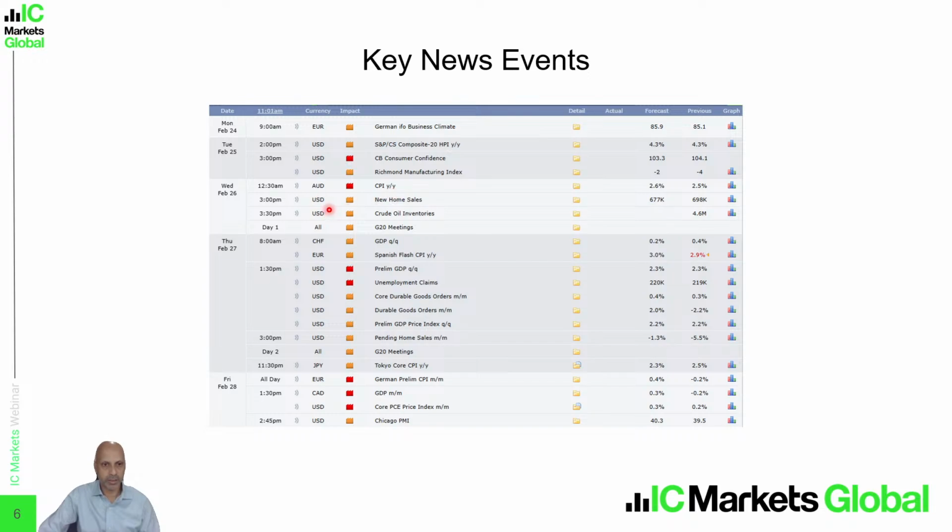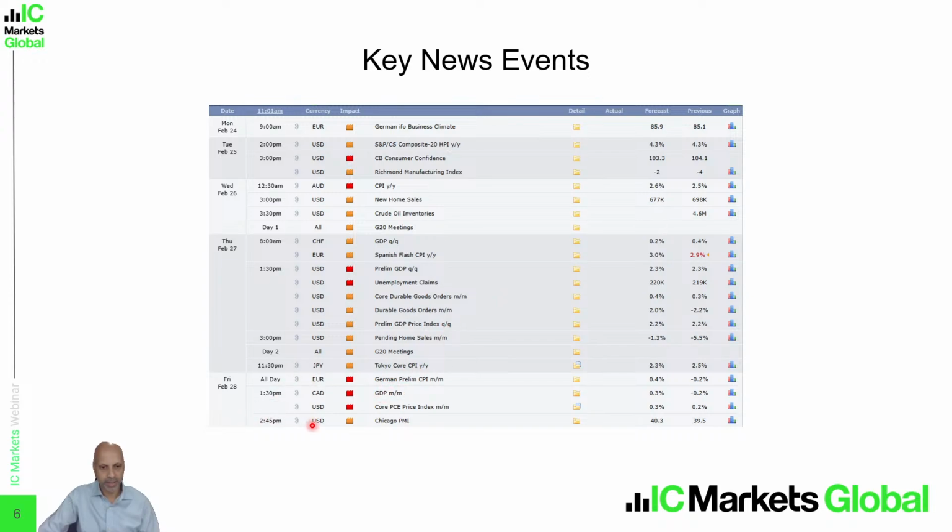Then we have Australian CPI on Wednesday 26th of February at 12:30 a.m. GMT, right? Take note, the monthly CPI indicator for Australia is expected to show price pressures rising once again. And then on Thursday, on the 27th, at 1:30 p.m. GMT, we have the preliminary GDP result for the US, as well as durable goods orders and Tokyo Core CPI as well for Japan.